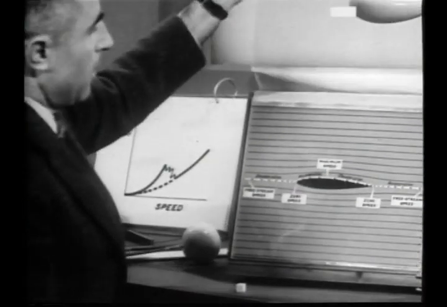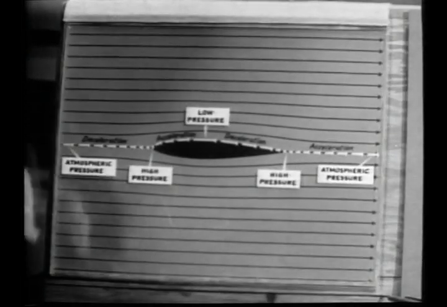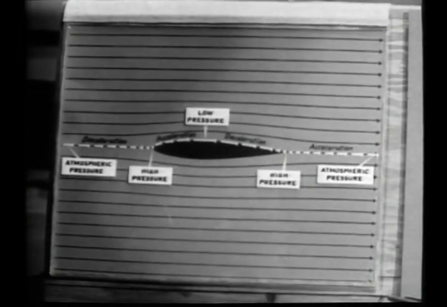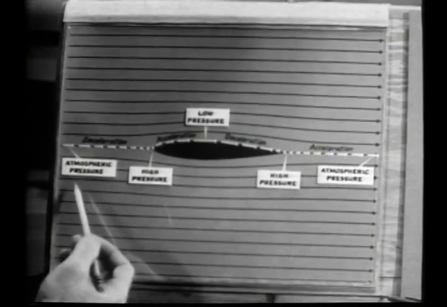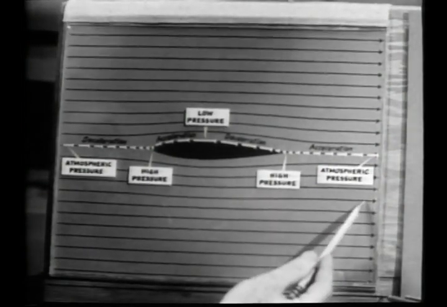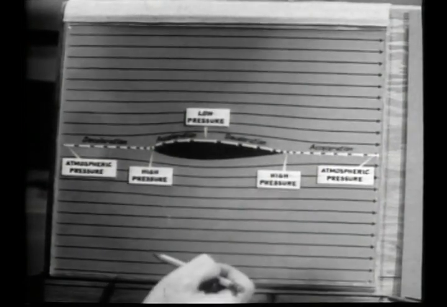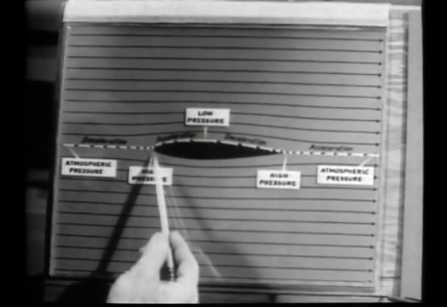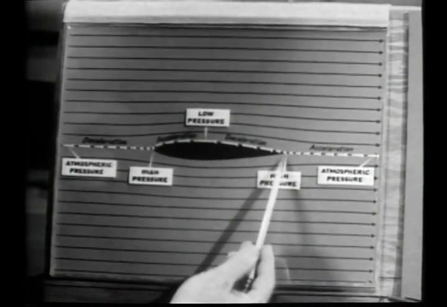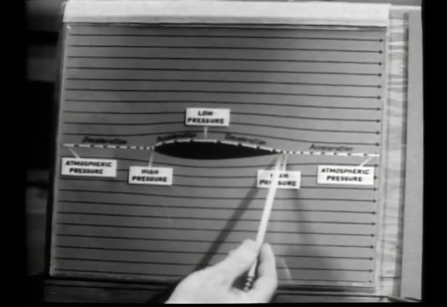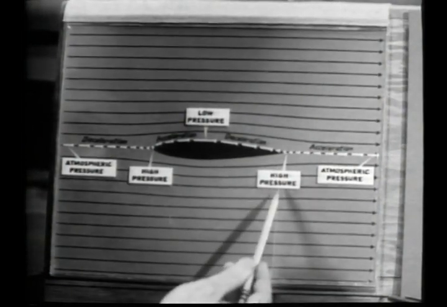Using Bernoulli's law, we can now work out the pressure distribution for the streamlined airfoil. Far upstream and far downstream, where we have free stream speed, the pressure is atmospheric. At the nose and at the tail, where we have 0 speed, we have the highest pressure.